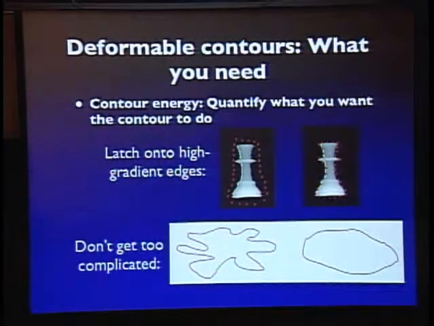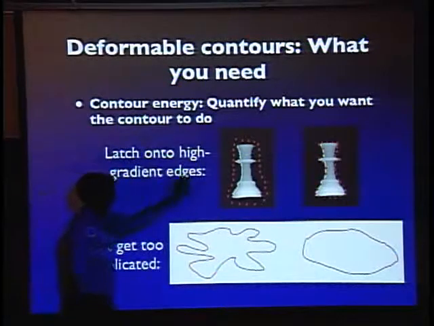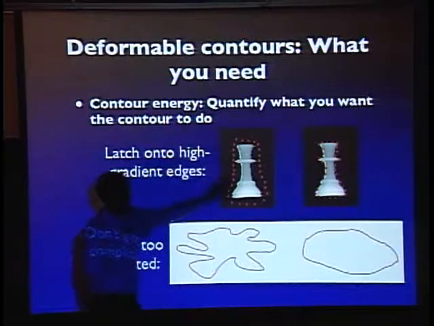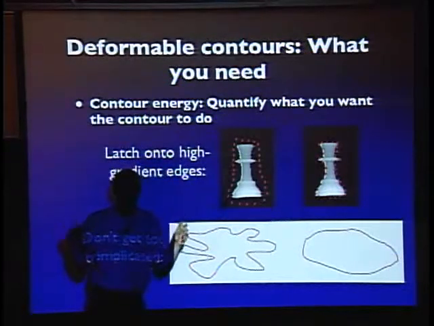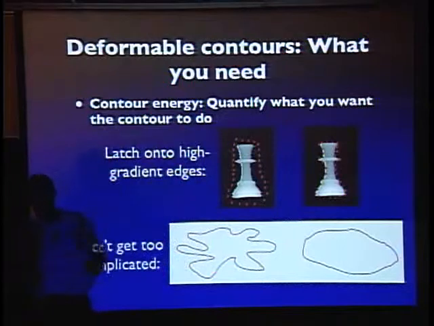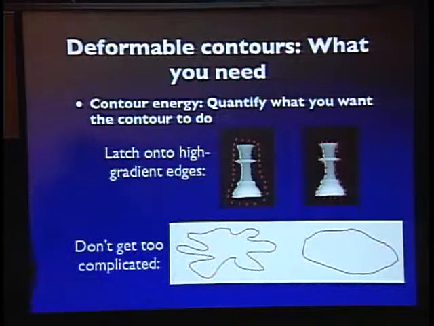But one concrete example is that it's pretty common to want to start with an initial contour that's too big and want it to shrink wrap in the saran wrap sense around the object of interest. And so closed contours are nice because you can always define an inward direction.